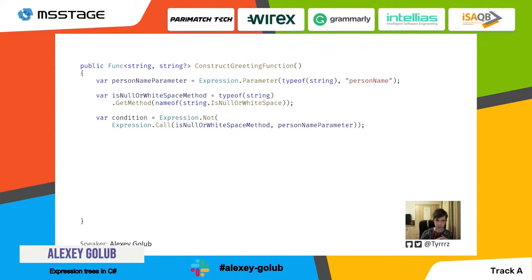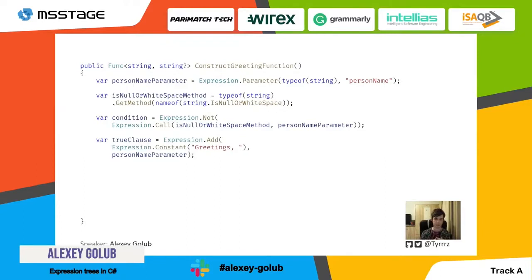Then we also have to negate it, because we have not string.IsNullOrWhiteSpace, so we have to turn it to the opposite one. For that reason, we wrap it in Expression.Not, which represents the unary exclamation mark operator. And that condition expression is basically done.